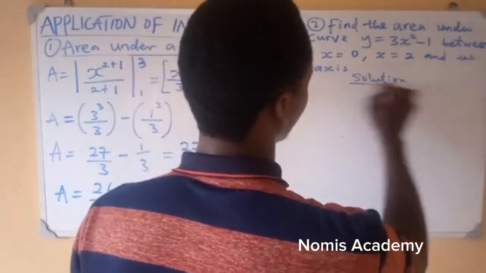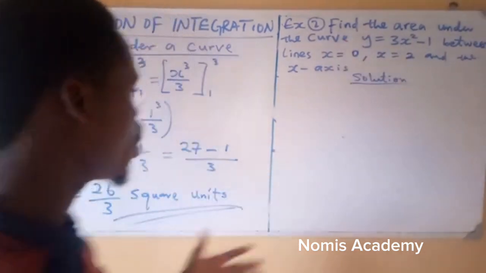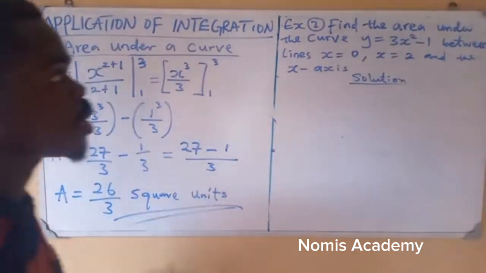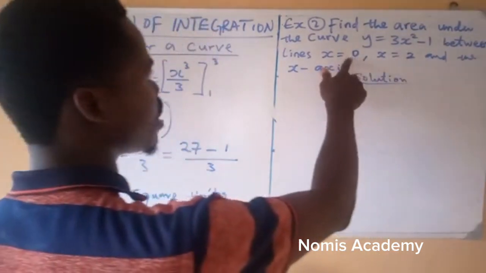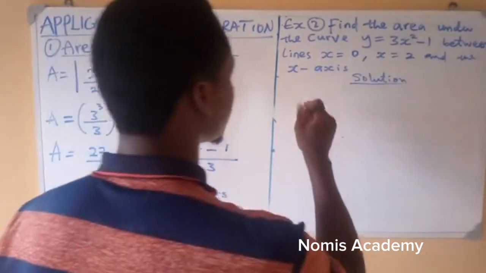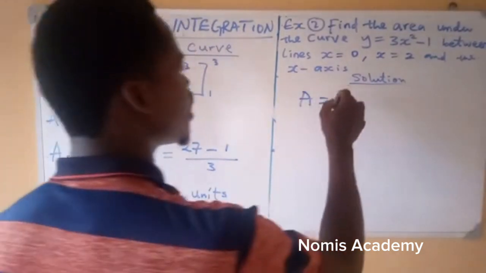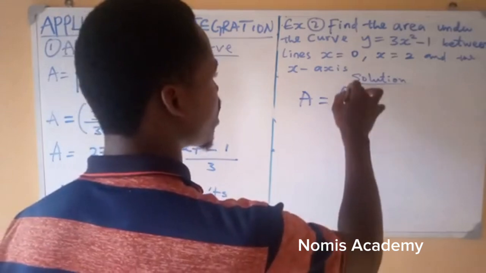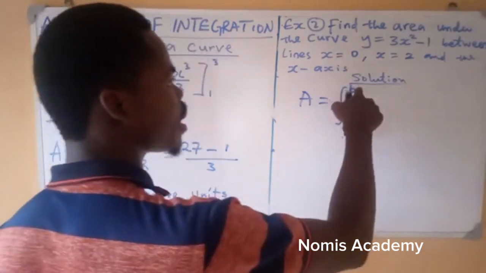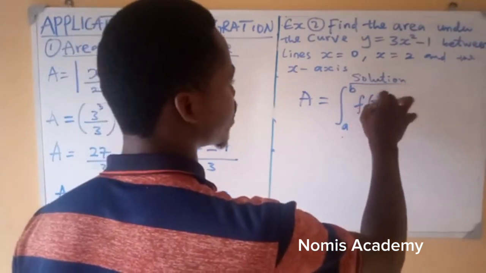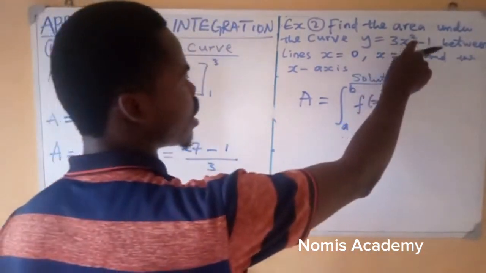So we may not really want to draw the curve of the function, but we already understand the procedure involved. Alright, so we know the upper limits and the lower limits, and then we agree that the area under the curve is given by the integral from a to b, that's the lower limit to the upper limit, of f of x dx. So in this case, f of x is 3x squared minus 1.